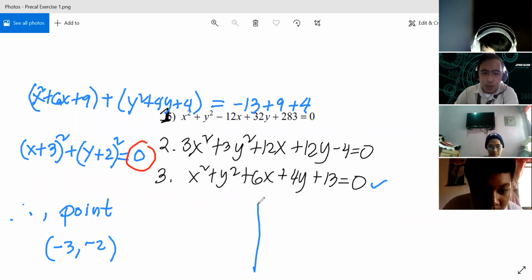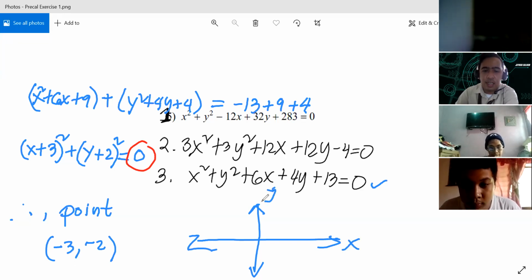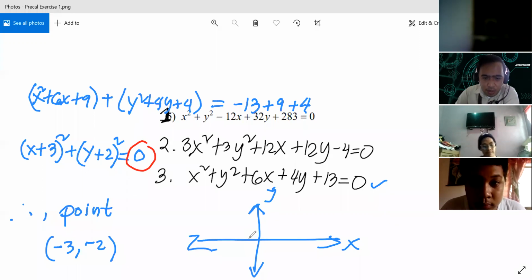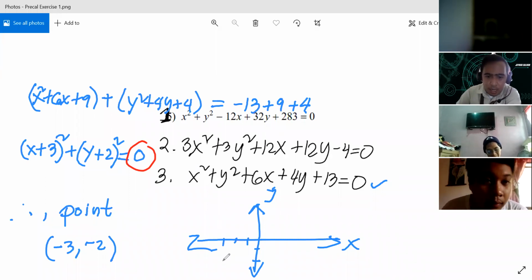So if you will graph this one, it will just look like this. If this is your x-axis and y-axis, your negative 3 is somewhere here: 1, 2, 3. Negative 2 in y is here. So your graph will only be here.